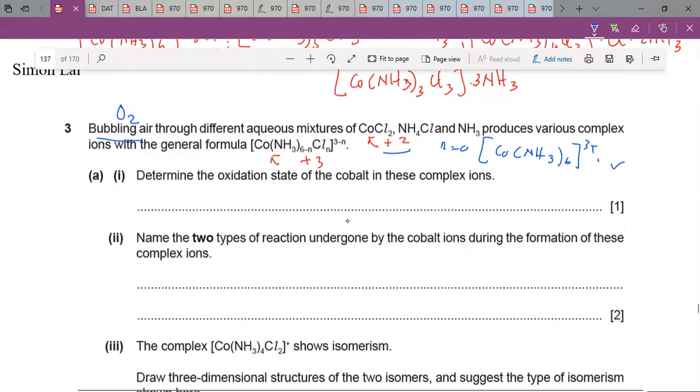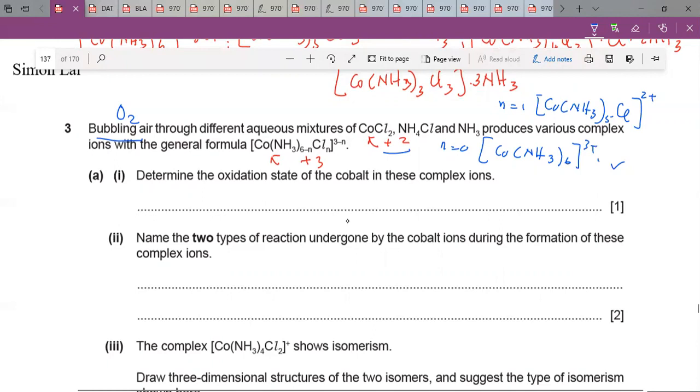When N equals 1, the formula is, you can work it out. It's an exam. Co(NH3)5 and Cl here. And of course, this is 3 plus. 3 plus minus 1 here is 2 plus.